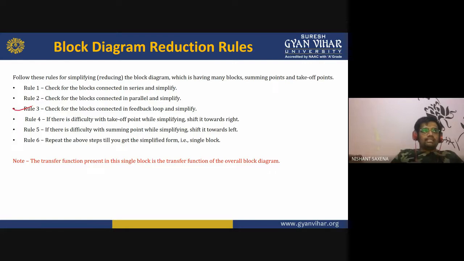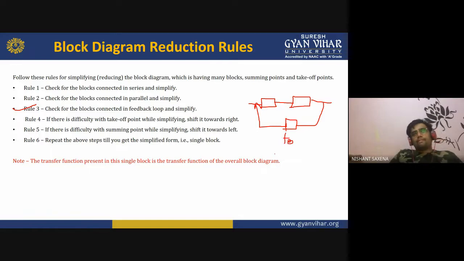Now, rule number 3 says check for the blocks connected in a feedback loop and simplify. So for example, one block over here, another block over here, and we have one feedback block over here.